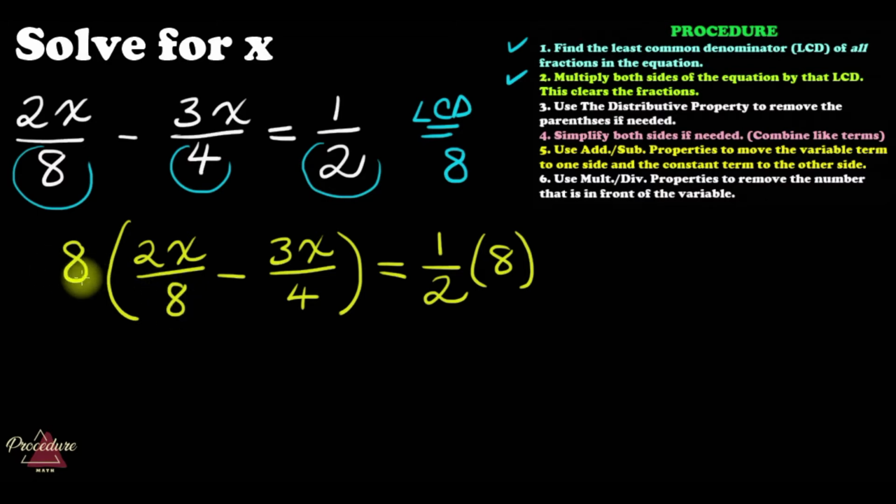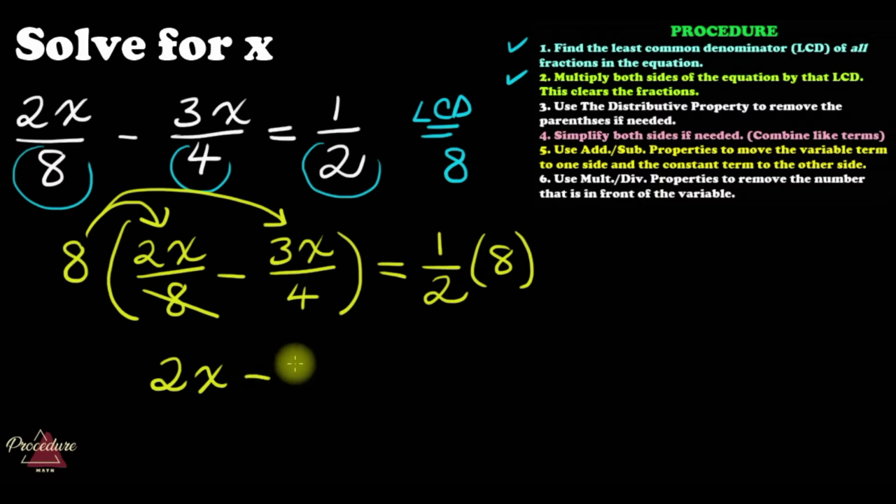8 goes into 8 once, so you're left with 2x. When you multiply by the 3x over 4, 4 goes into 8 two times, and 2 times 3x is negative 6x.